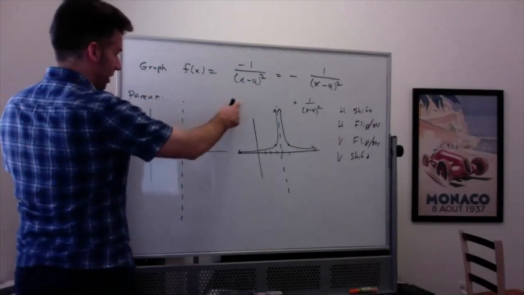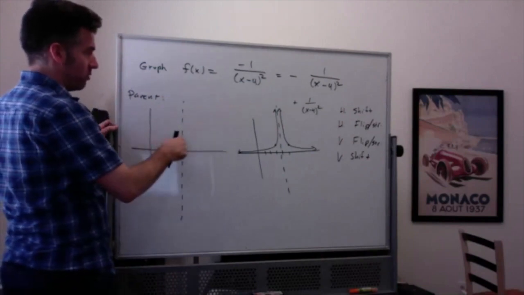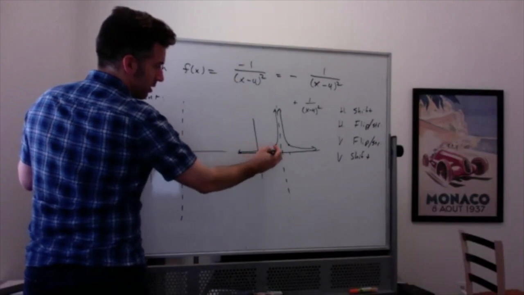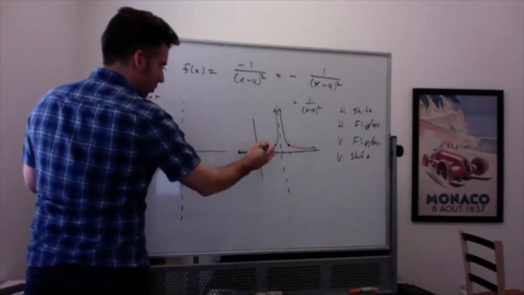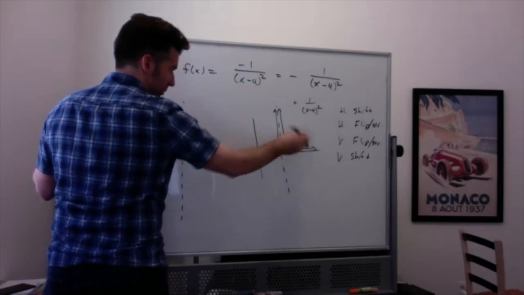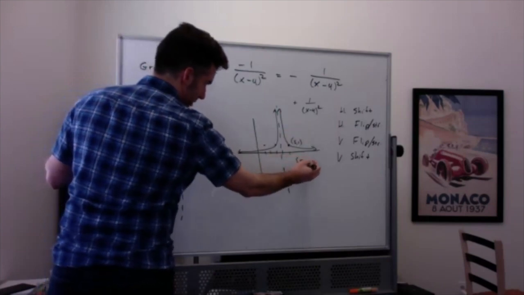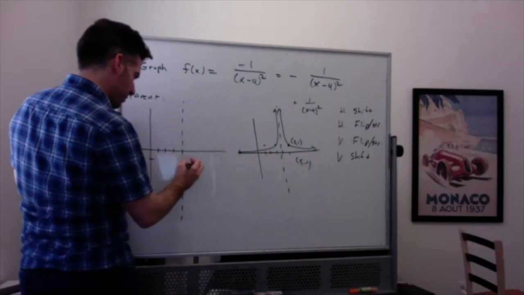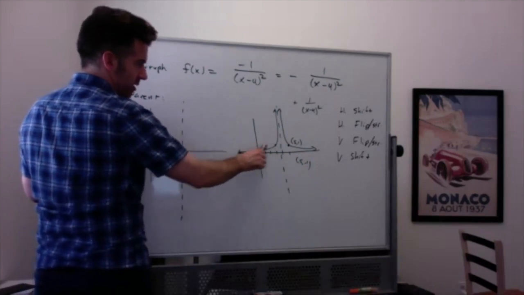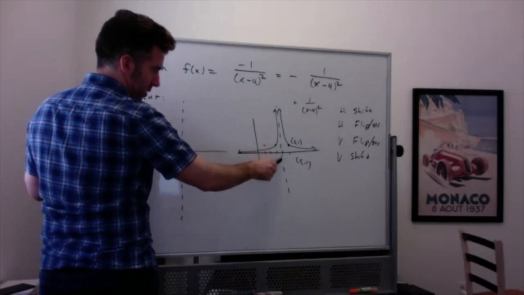The final result, right, I've shifted my parent graph 4 to the right, and then I'm going to flip it over. So this point that was starting at 1, 1 moved over to 5, 1, and now it's going to flip over to be 5, negative 1. And similarly, this point that was negative 1, 1 became 3, 1 is going to now be 3, negative 1.